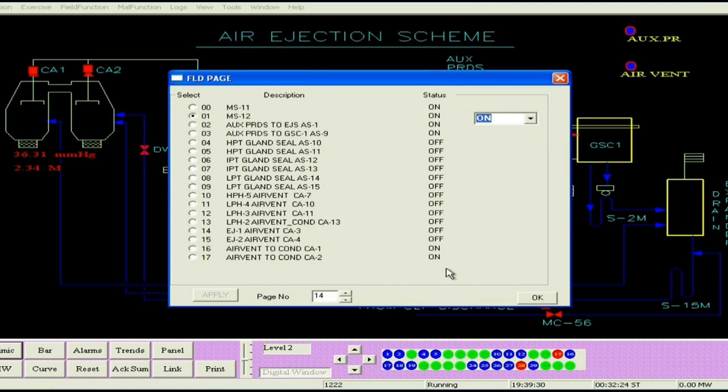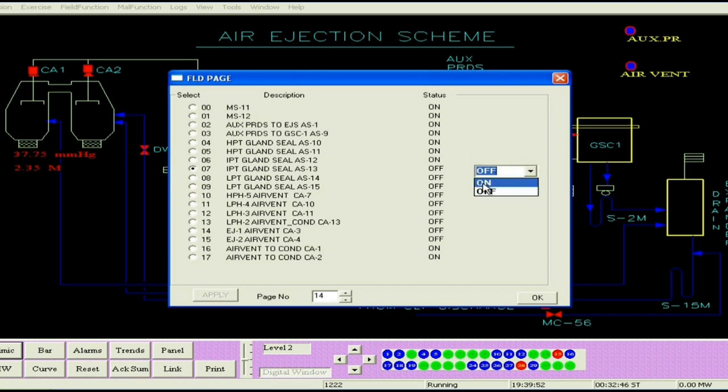Then we open all the sealing valves. So we give supply to the sealing of the turbine, gland sealing of the turbine. We open the HPT gland sealing valve, both sides. Then IPT gland sealing valves, both sides, right, left, and again the LPT sealing valves, both sides.